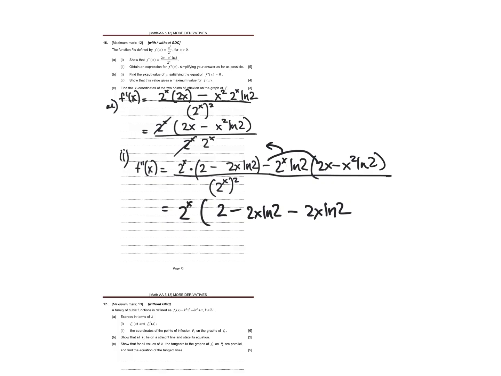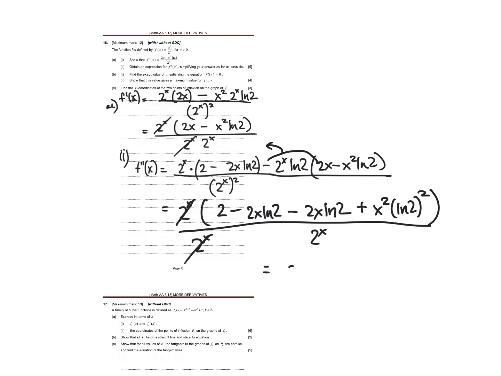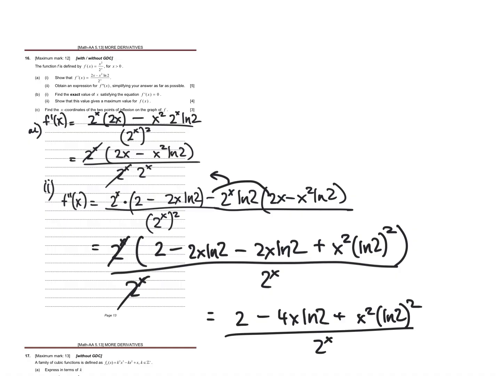And then we've got plus x squared natural log 2 squared over 2 to the x. And finally, that's 2 minus 4x natural log 2 plus x squared natural log 2 squared over 2 to the x.